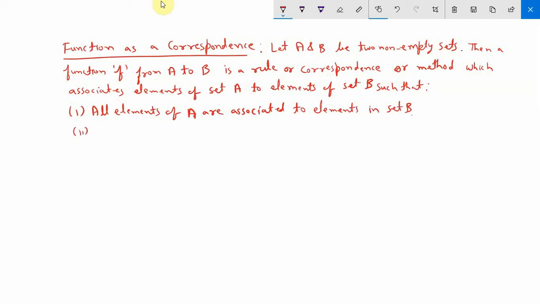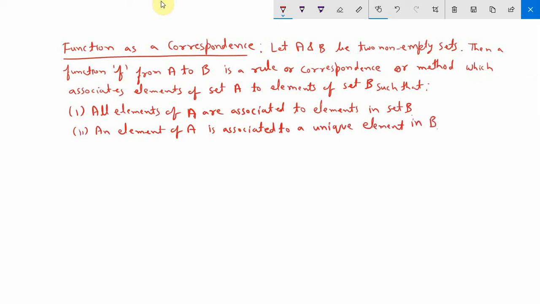Next one, an element of set A is associated to a unique element in set B. Okay.